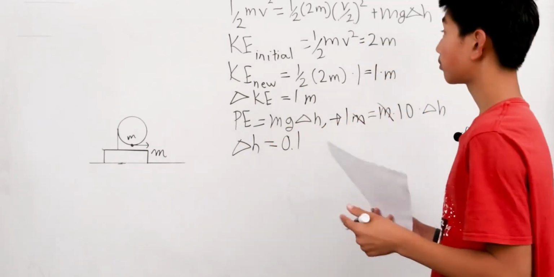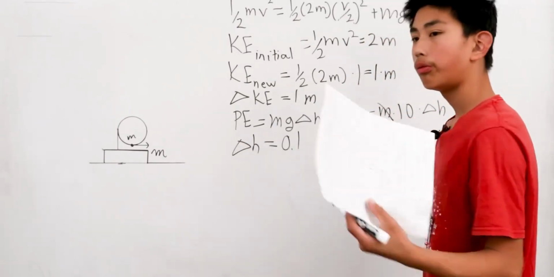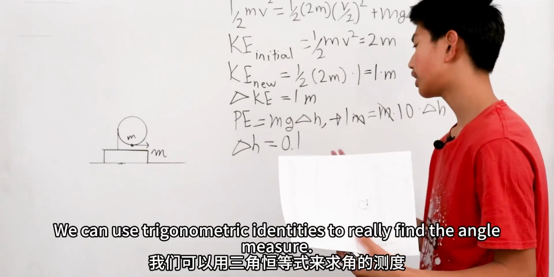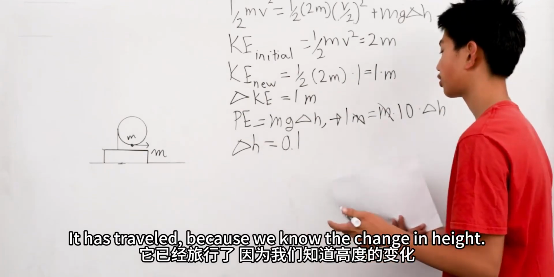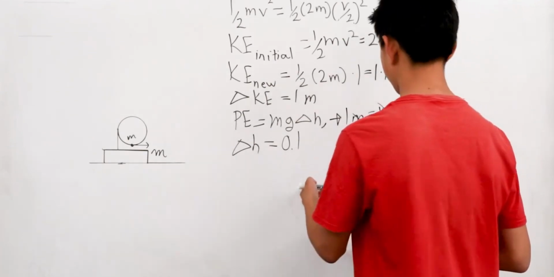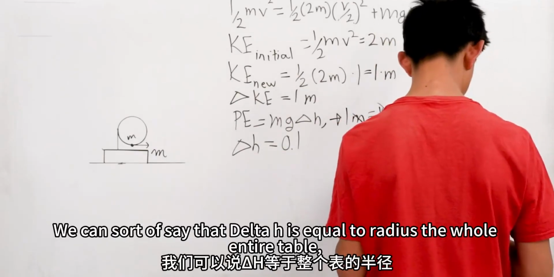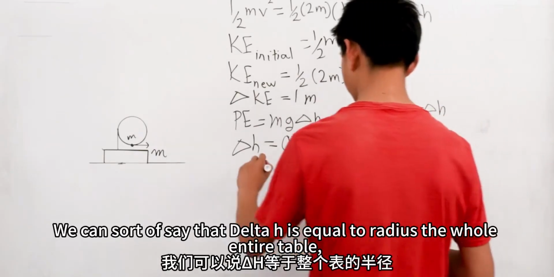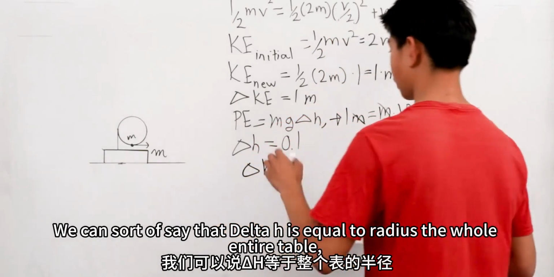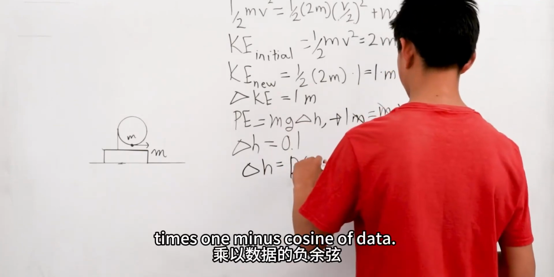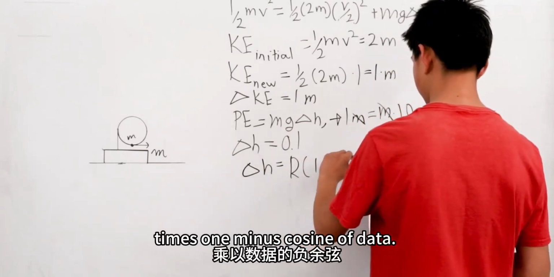We have that now. Well, now we can use trigonometric identities to find the angle measure it has traveled, because we know the change in height. So we can say that delta h is equal to the radius of the circle times 1 minus cosine of theta.